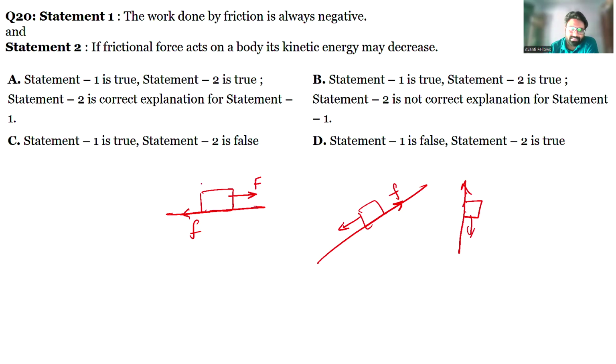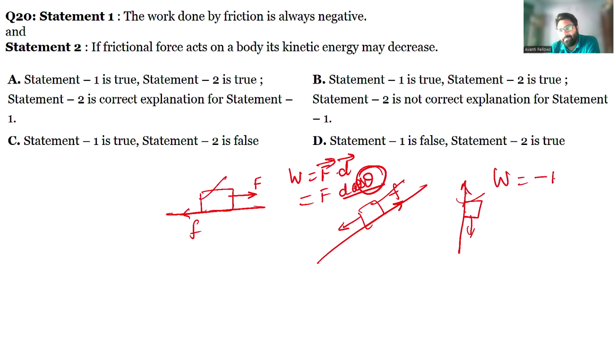As you can see here, here, and here also. We know that work done is nothing but force into dot product of displacement, which is Fd cos theta. So the angle theta between frictional force and the displacement vector is always 180 degrees. So that is why the work done is coming out to be negative, which means the work done by friction is always negative. This statement is correct.